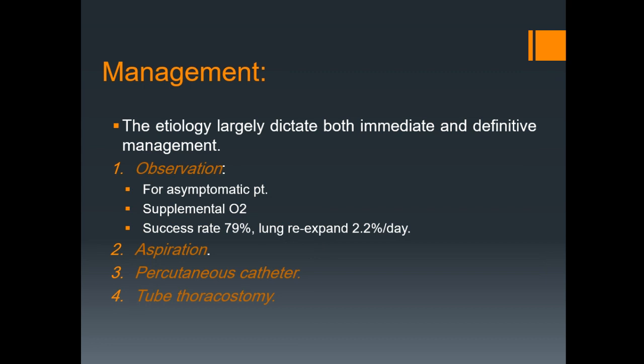The question that comes here is why you should observe for 2 to 4 weeks. If you remember, air contains about 78% nitrogen, 20.8% oxygen, and other components, the rare gases, either CO, CO2 or any other gases.